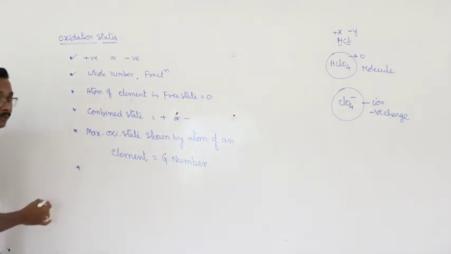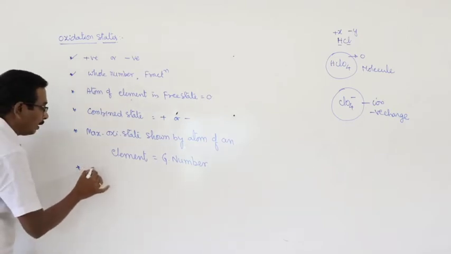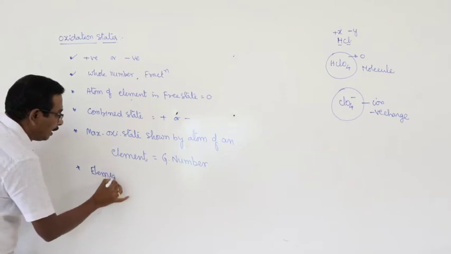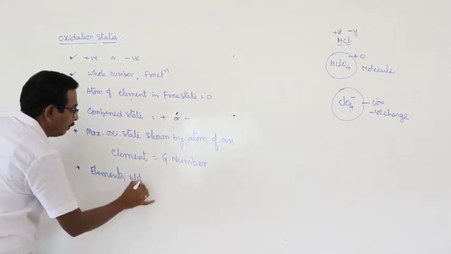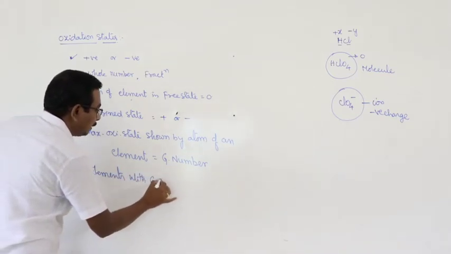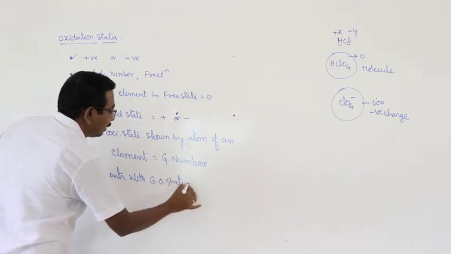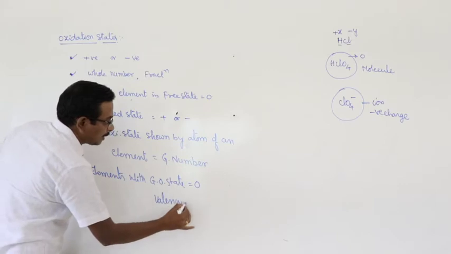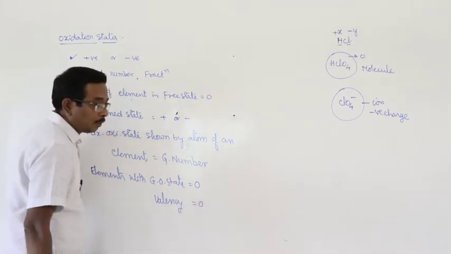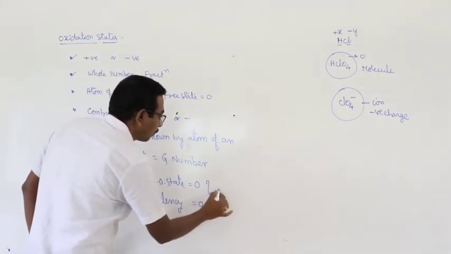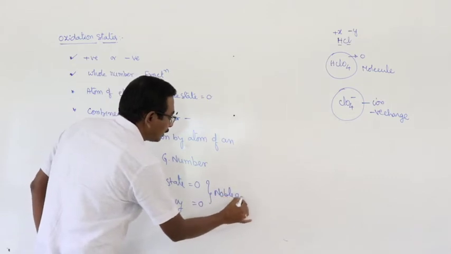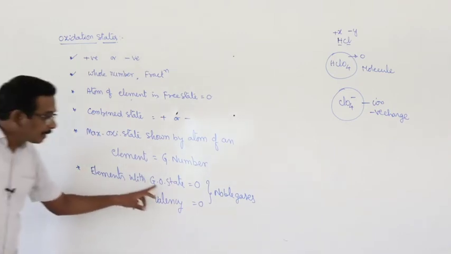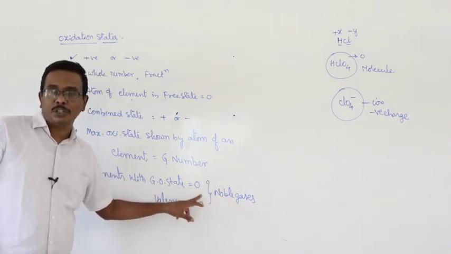But in the case of the periodic table, the elements with general oxidation state 0 and general valency, meaning combining capacity, 0 are noble gases. The general oxidation state of noble gases is equal to 0.